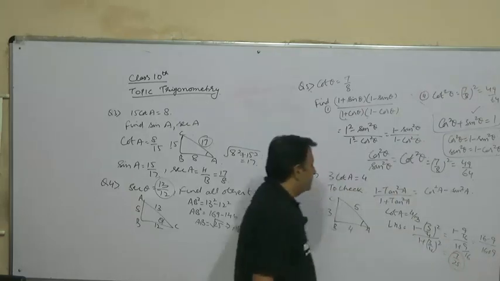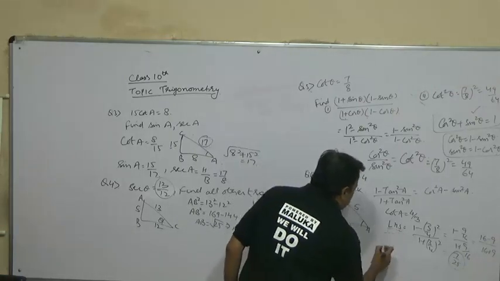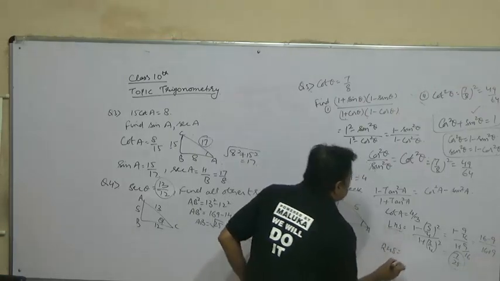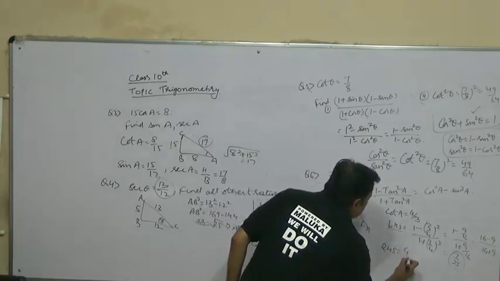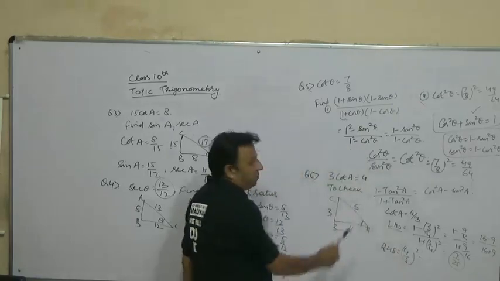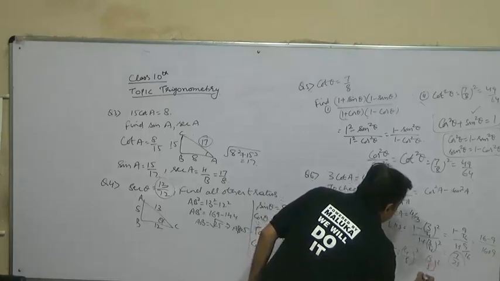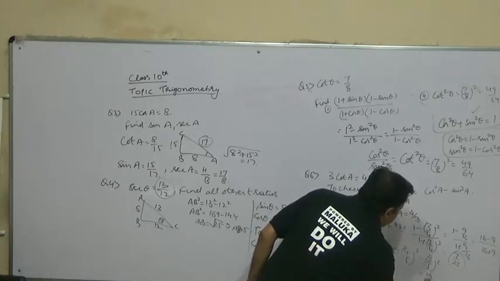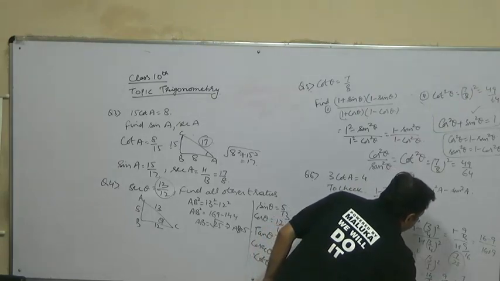So this is left hand side. Let us check right hand side. Right hand side will be equal to cos square A. Cos is 4/5, its square, minus sin is 3/5, so this is 3/5 square. So this will be 16/25 minus 9/25, 7/25.